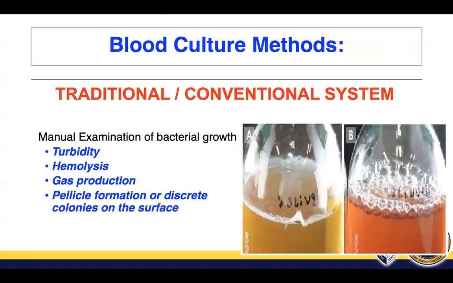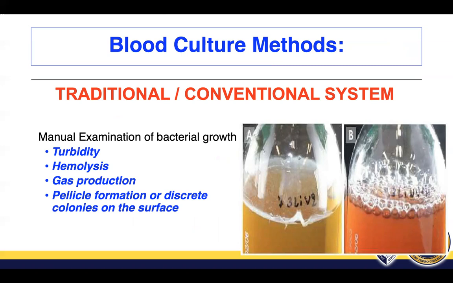Now moving on to blood culture methods. Blood culture methods include, of course, traditional or conventional systems. In the traditional method, the culture media are manually prepared, the organisms are manually subcultured, and the gram staining process is also manually done every day or every other day.